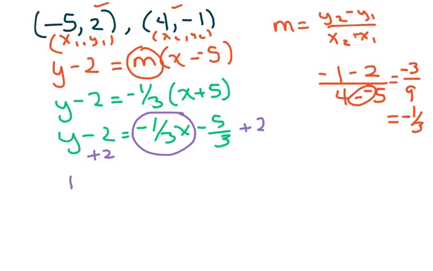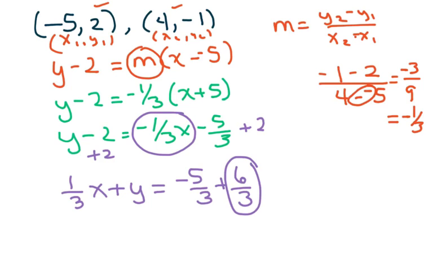So this will be 1/3 x plus y equals negative 5/3 plus 2. And I'm going to go ahead and make this 6/3. 6/3 equals 2. So I know you already know how to convert. 6 divided by 3 is 2. So you just find the common denominator. So we're going to get 1/3 x plus y equals 1/3.